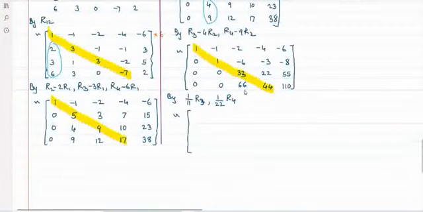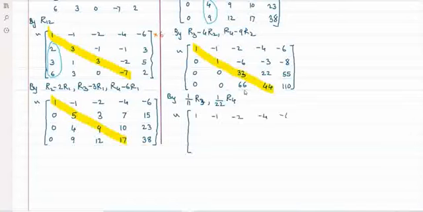First row 1 minus 1 minus 2 minus 4 minus 6, 0 1 minus 6 minus 3 minus 8, 0. Tell me the element fast. 3 2 5, 0 0 3 2 5.